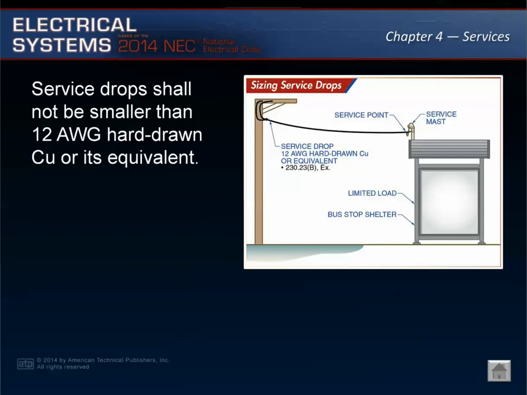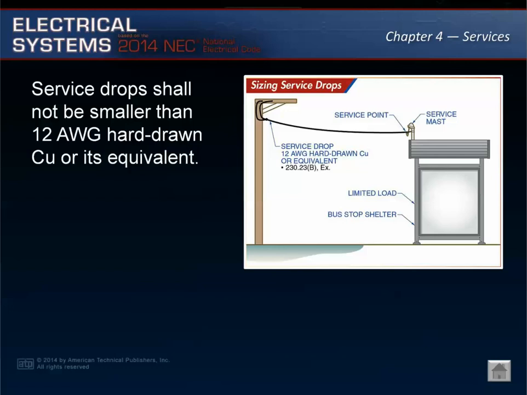Overhead service conductors shall have an ampacity that is adequate for the intended load. The load is determined based on the calculations required by Article 220. Another general consideration for overhead service conductors is that they have adequate mechanical strength. Overhead service conductors are often subject to severe weather conditions, which can put a great strain on the conductors due to the additional weight.